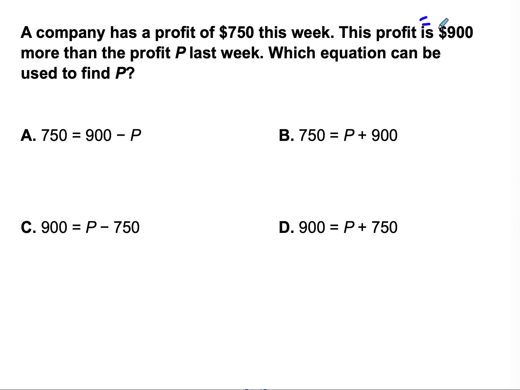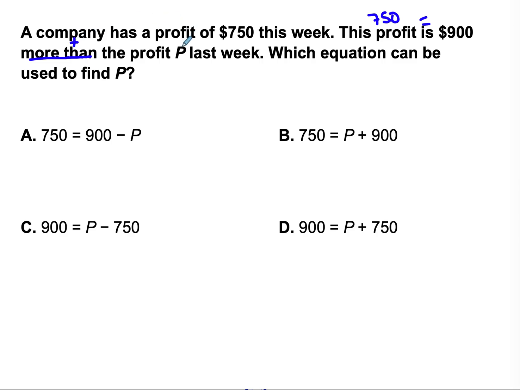So this profit is $900. So this profit, they're talking about the 750. 750 is $900 more than the profit P. More than in an equation means adding.